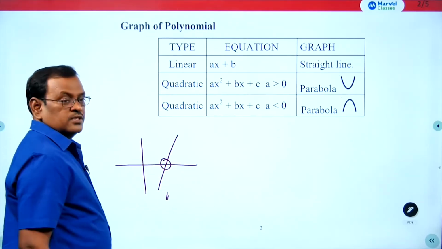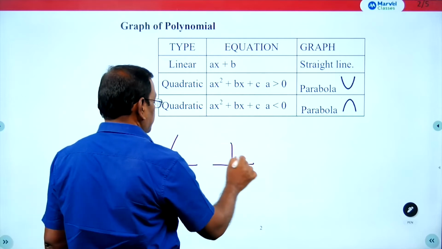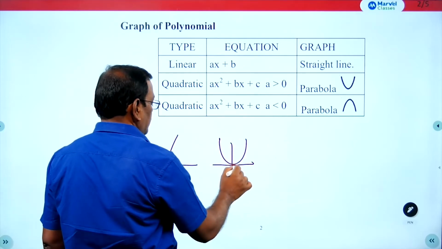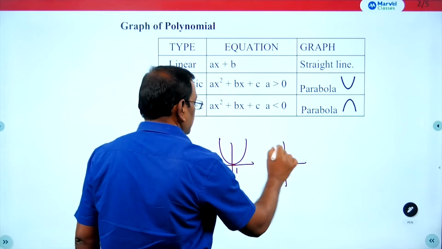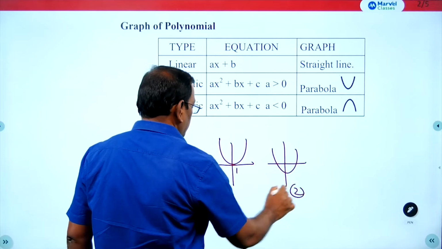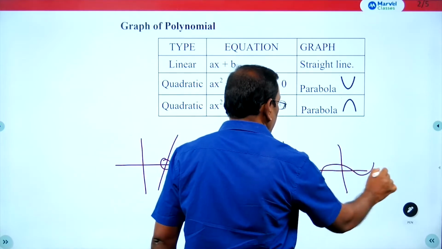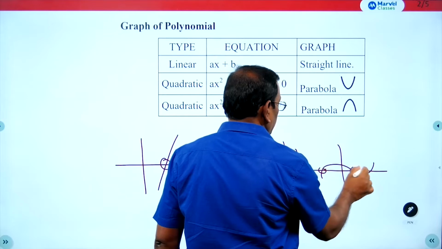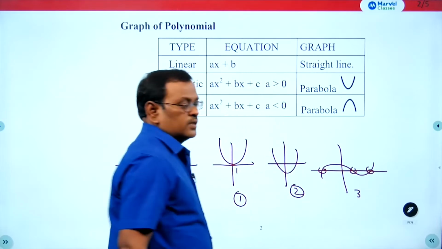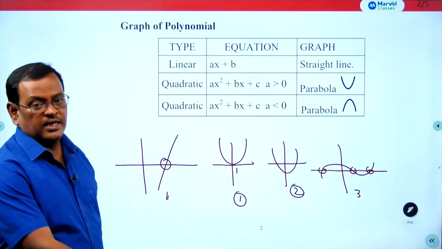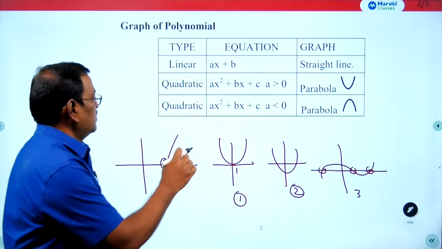So the number of zeros is 1. Here, how many points? It only touches, so 1 zero. Here 2 zeros. Here, how many zeros? 1, 2, 3 zeros. So the number of meeting points with respect to the x axis is the basic rule.